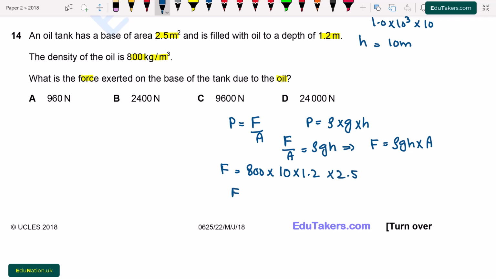So force will be equal to 24,000 Newton. Now we see the options. Option A 960 Newton, B 2400 Newton, C 9600 Newton, D 24,000 Newton. So option D is correct.